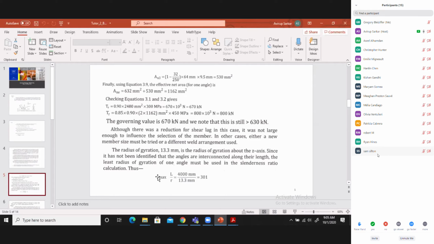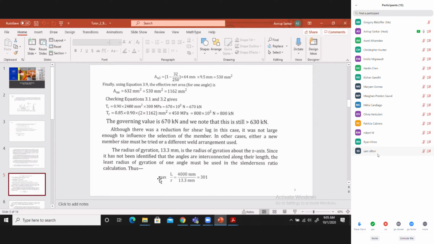But we choose the R which gives me a minimum value. Why? So that we get a maximum L by R ratio, because the maximum slenderness ratio gives me the worst value of the strength.